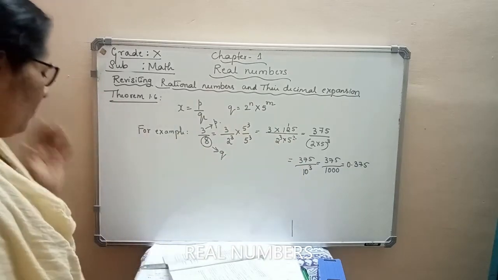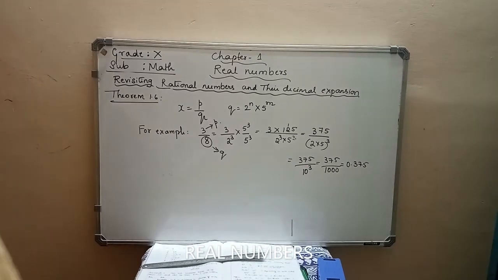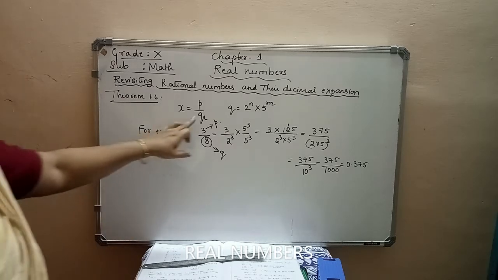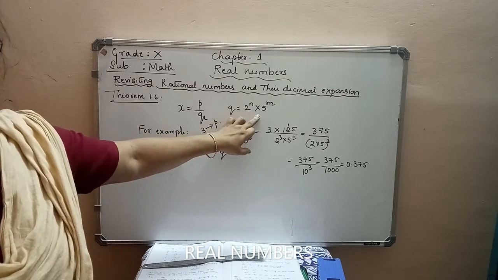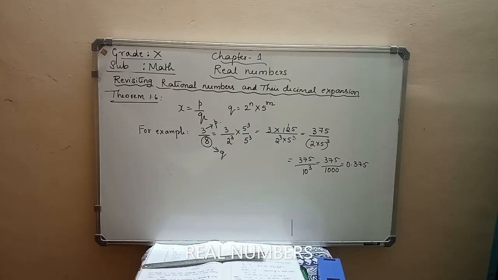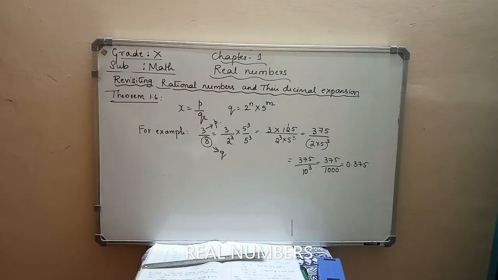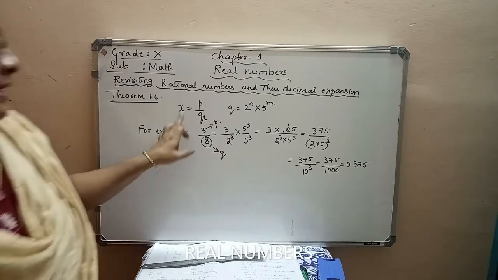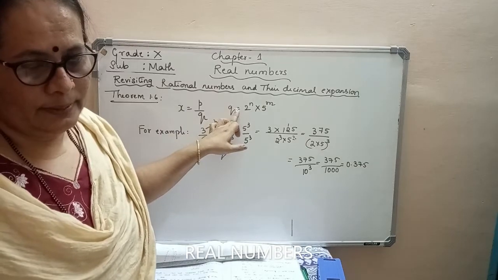So theorem 1.6 says that let x equals p by q be a rational number such that the prime factorization of q is in the form of 2 to the power n into 5 to the power m, where n and m are non-negative integers, then x has a decimal expansion which terminates.